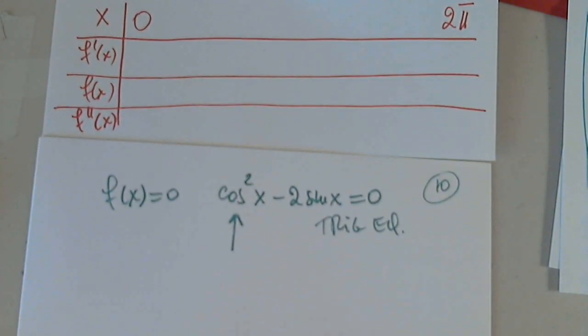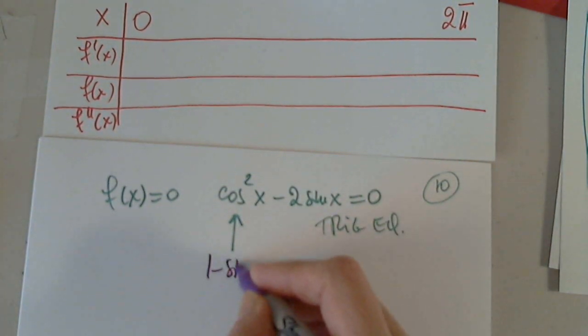Anyone remembers what cosine squared equals to? And I'll get a sip of water before you say anything. What does cosine squared equal to in terms of sine? Is it 1 minus sine squared? Very good. Excellent.